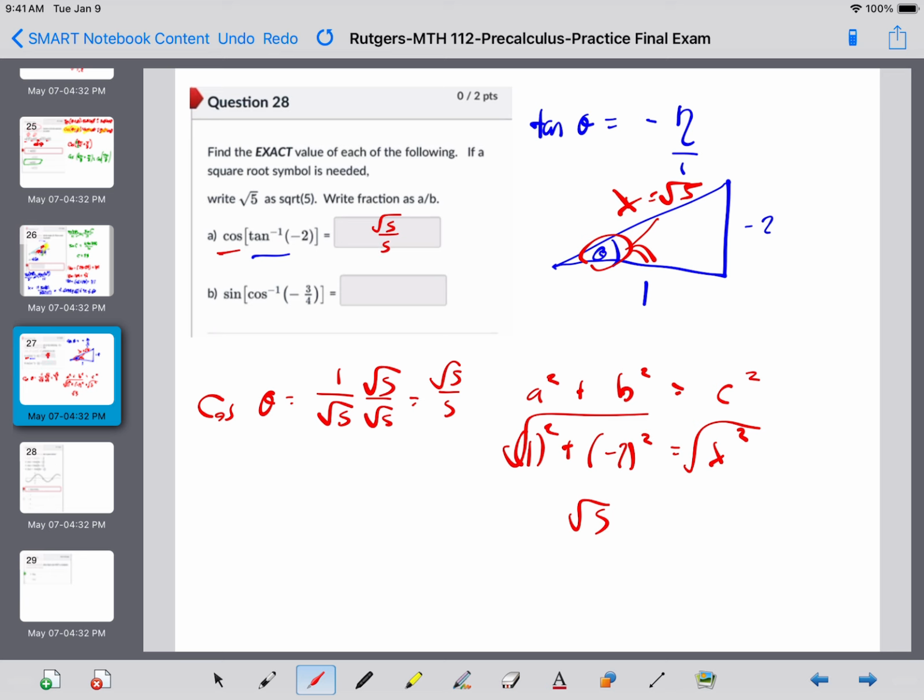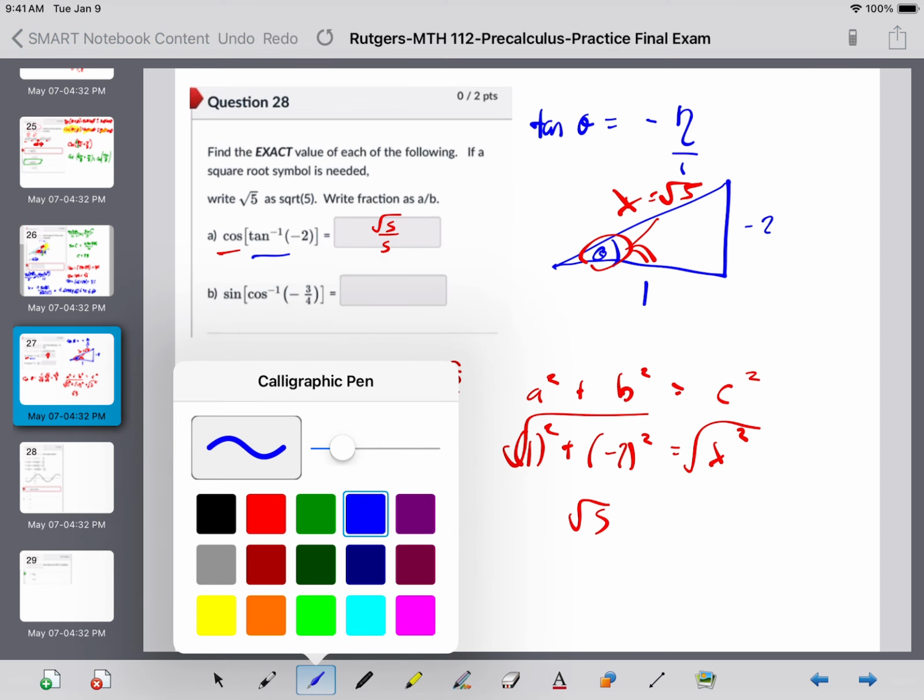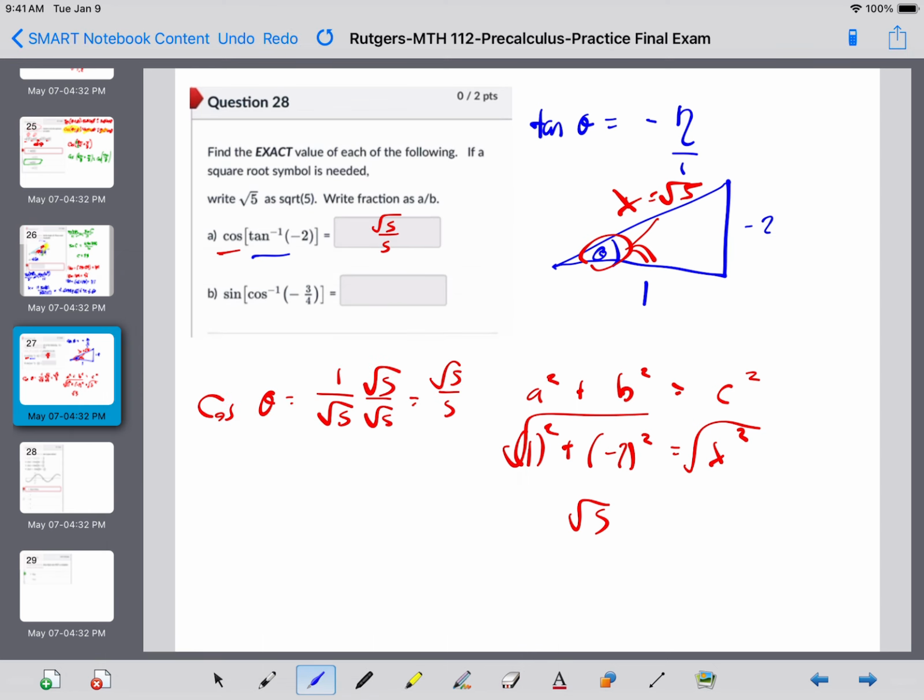Alright? It doesn't give a quadrant. Alright. So now we're going to do the same thing with this one.